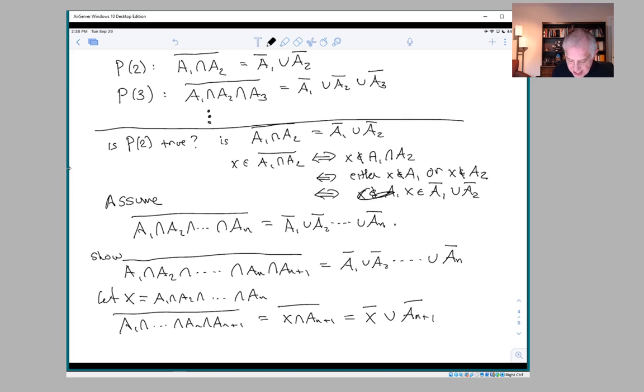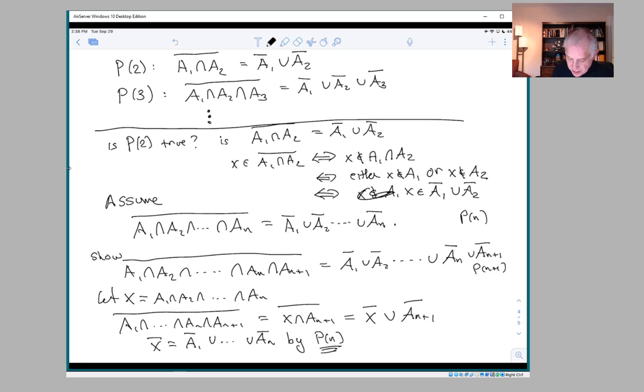And the complement of X is equal to A1 complement union up to An complement because that is P of n. So this here is P of n. I forgot An plus 1 here. This is P of n plus 1.